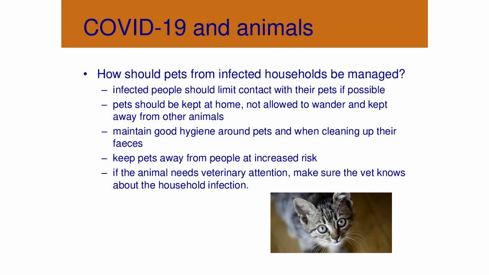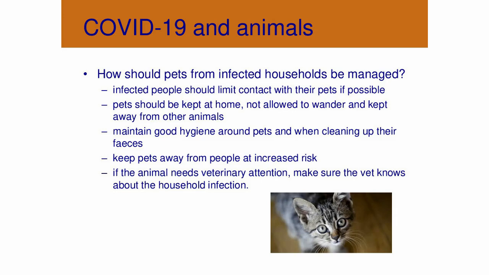There's no increased risk. But it's common sense to always maintain good hygiene around pets and around their body substances, including their feces, because they may have other zoonoses. So the take-home message for now is that you need to worry more about your human contacts than about your pet contacts.